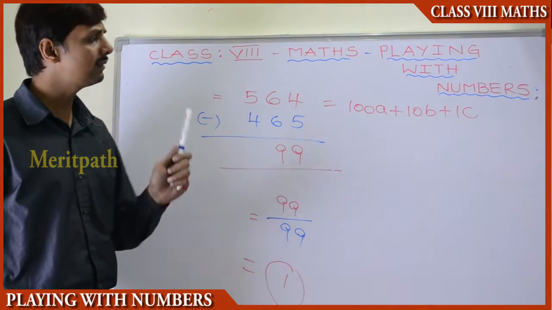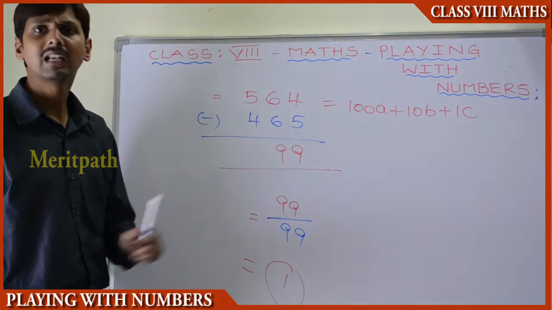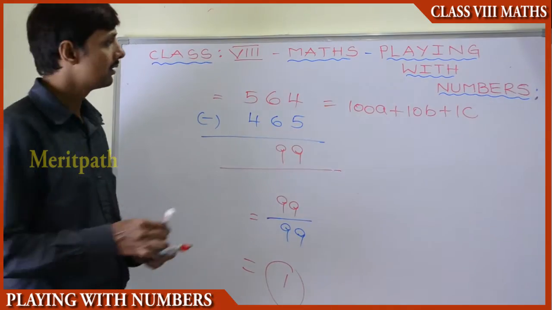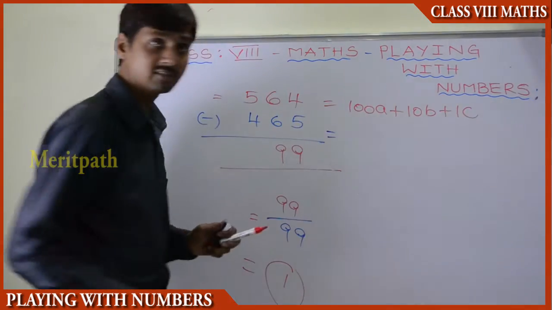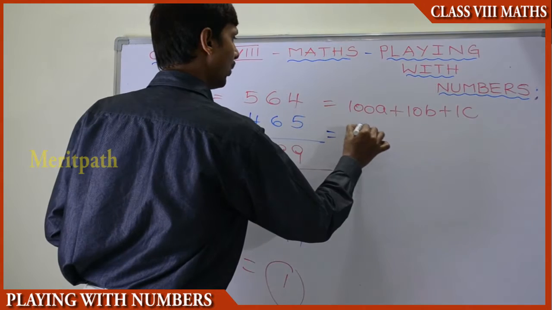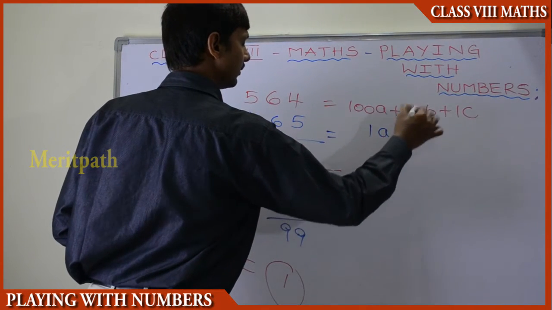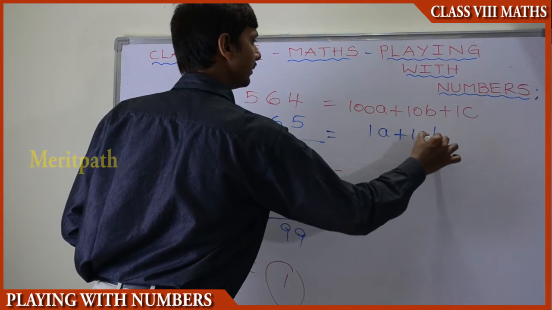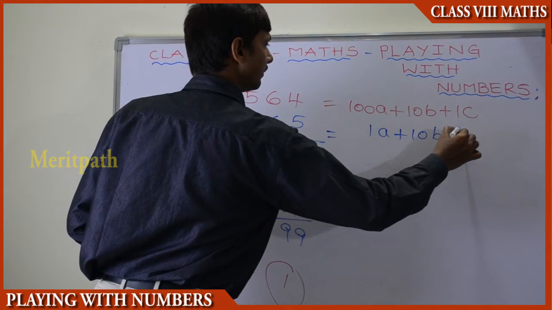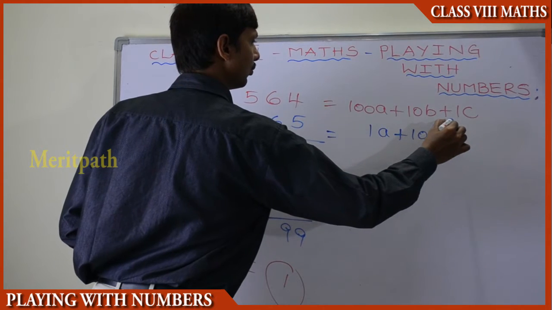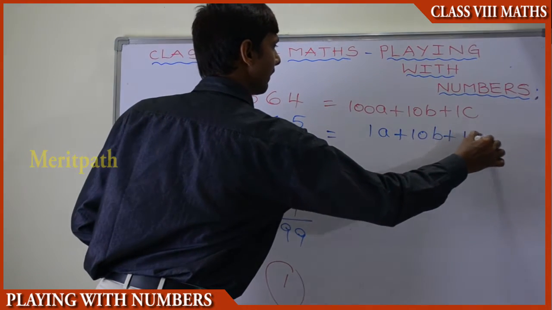So we have taken 100A plus 10B and 1C, and let's reverse the digits of the number. After reversing, we get 1A, and here 10B same as it is, and here we'll get 100.